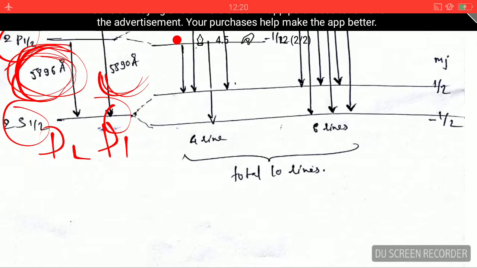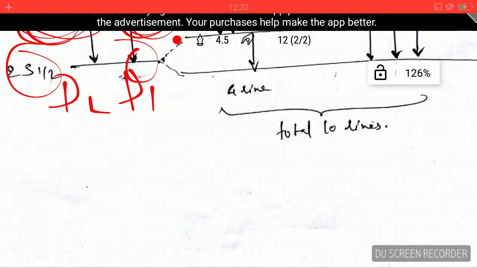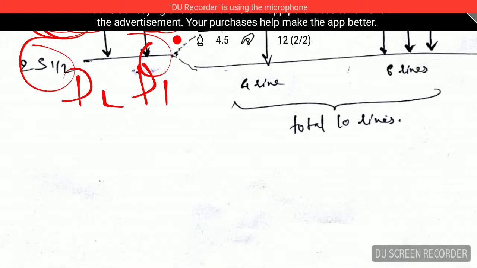I have already told you what the energy is. Let me write the value of energy.